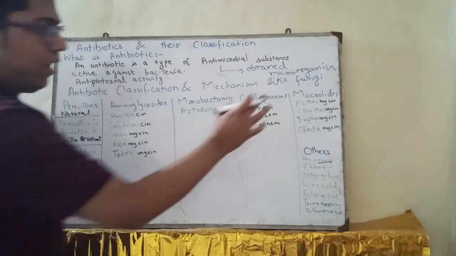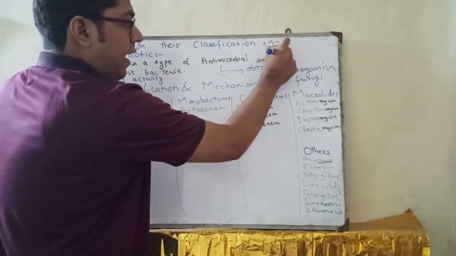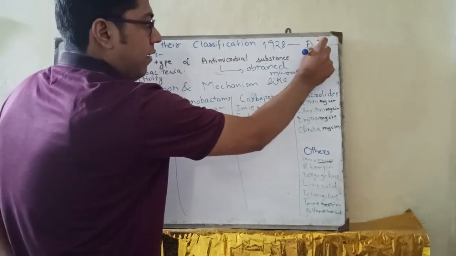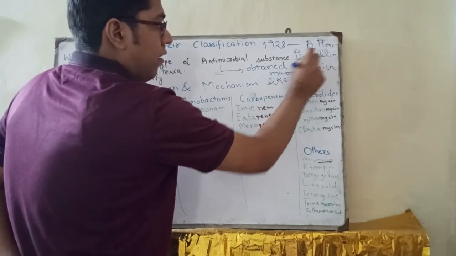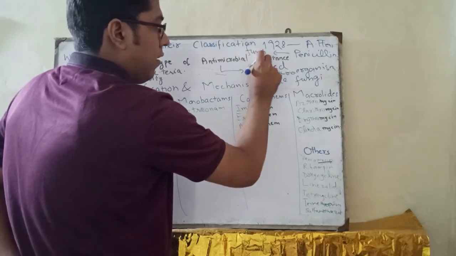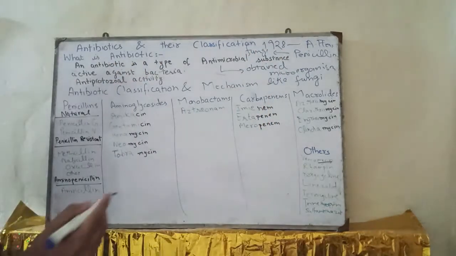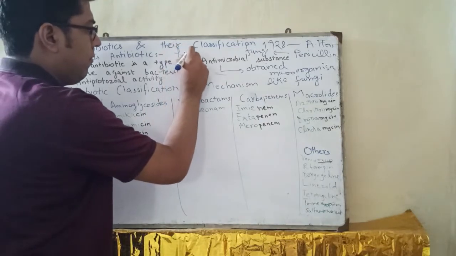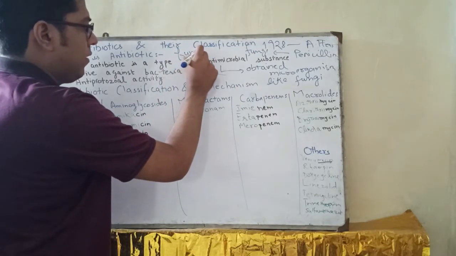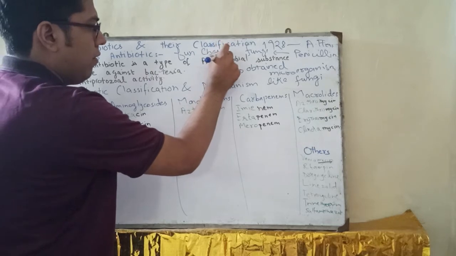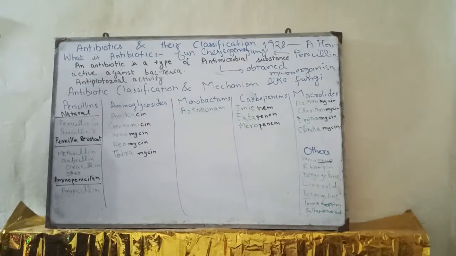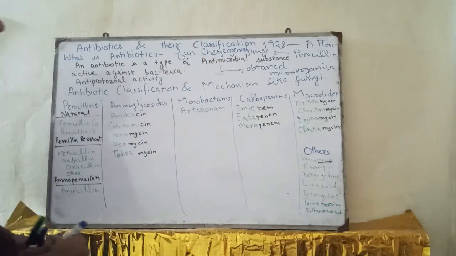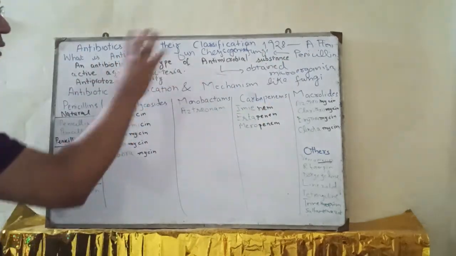In 1928, Alexander Fleming discovered penicillin from a fungus named Penicillium chrysogenum. This is the fungus through which Alexander Fleming obtained penicillin in 1928.